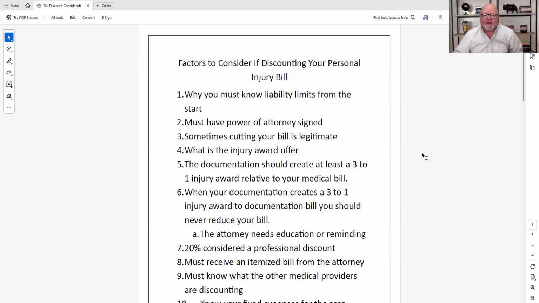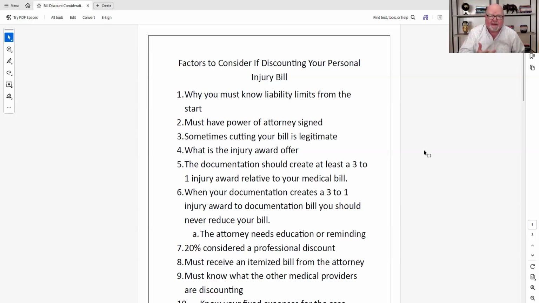Number three: sometimes cutting your bill is legitimate. Now, most of the time it's not. I will tell you, it's not. Remember what the big ratio is: 3-to-1.